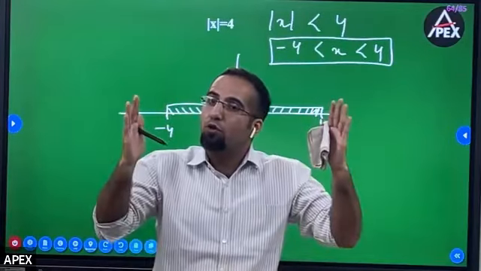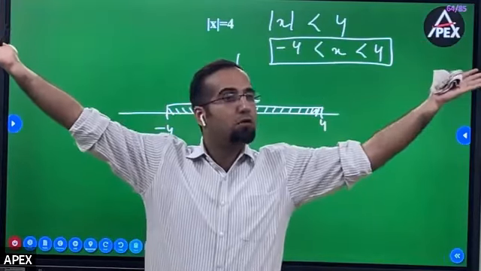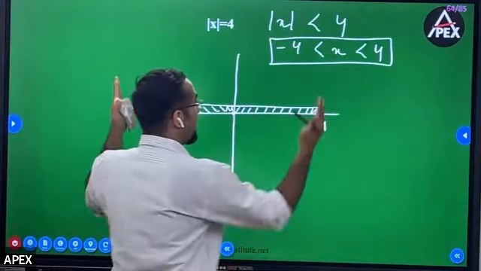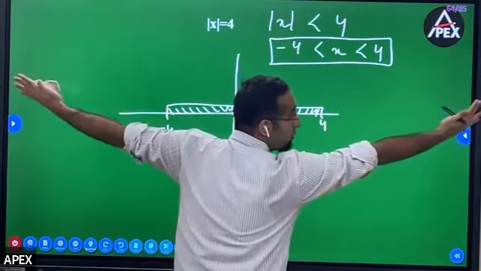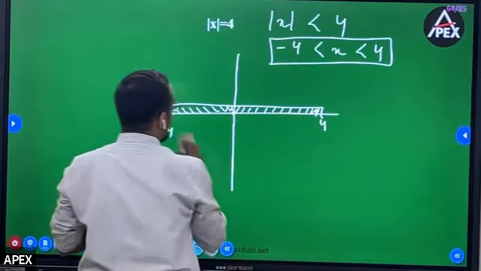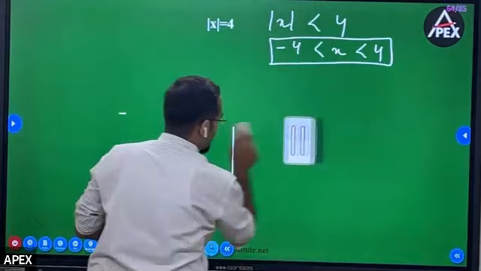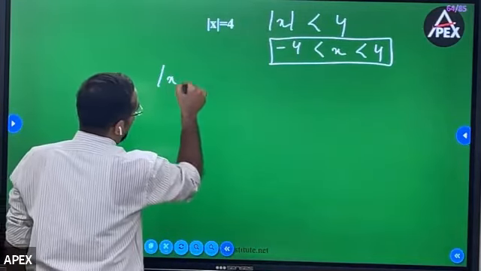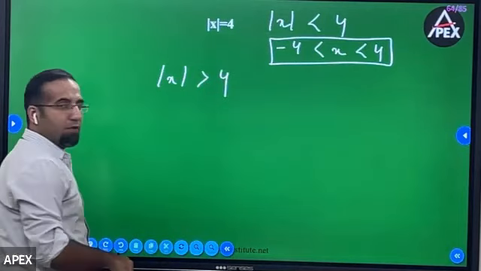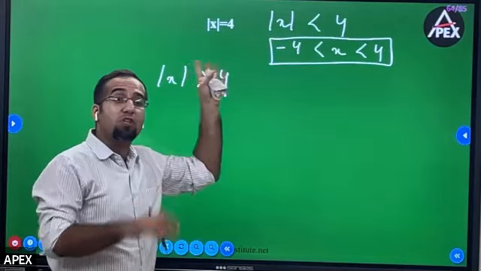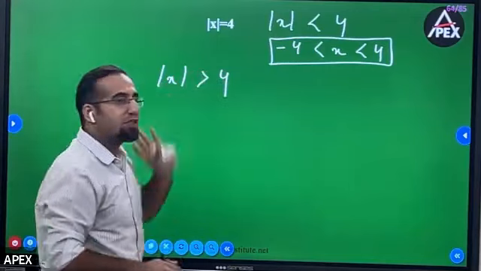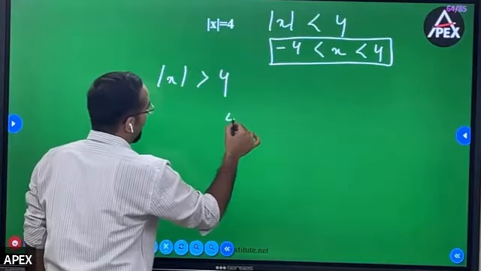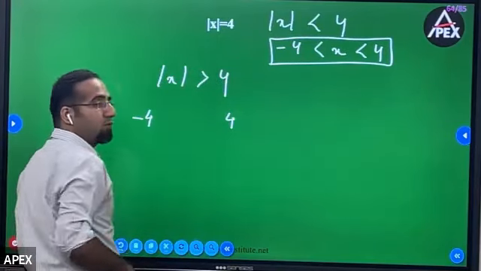Similarly, what will happen for greater than 4? Away from these 2 points. So I'm standing here. When I say greater than 4, I go away from these 2 points. So learn the application of these. Don't worry, I'm explaining all of them at one go only. If I'm giving you greater than 4, again, first assume this to be an equation. If this is an equation, my points are 4 and minus 4.